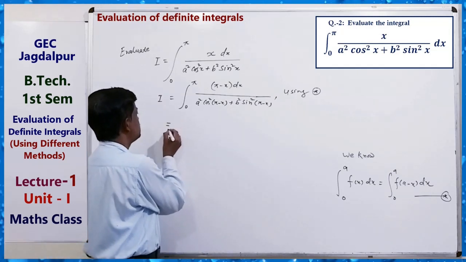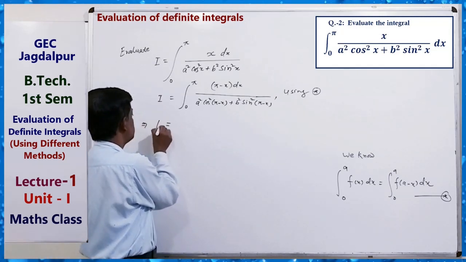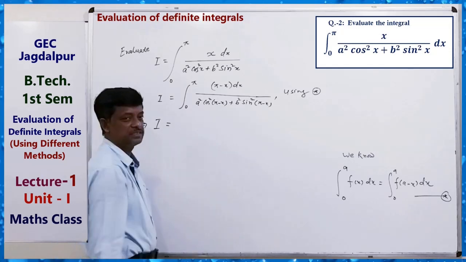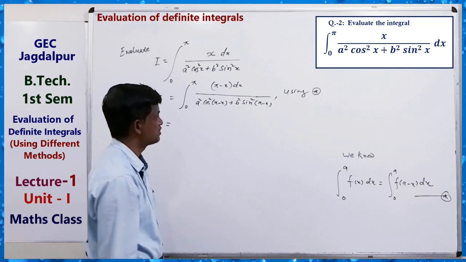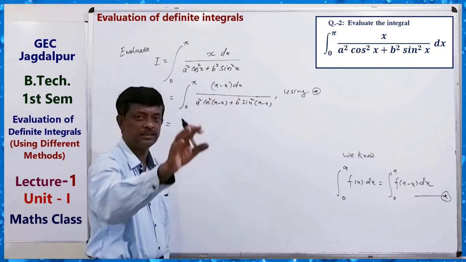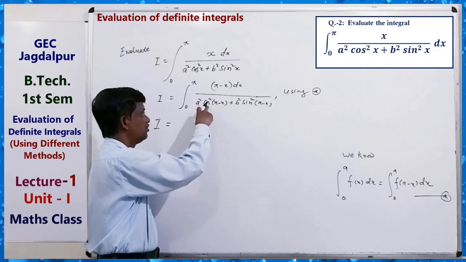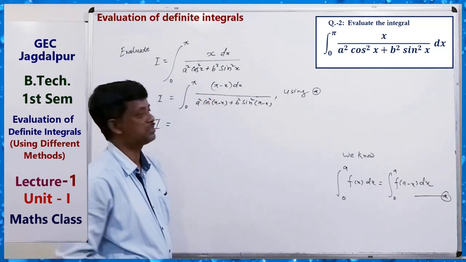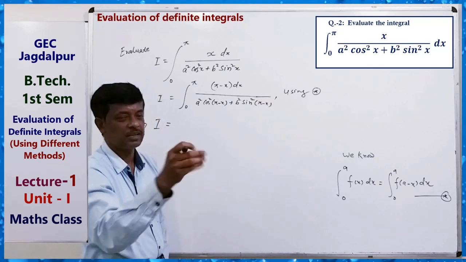Now here we see that I equals to, because of the square, the sign may be anything: cos square pi minus x means cos square x, and sin square pi minus x means sin square x.